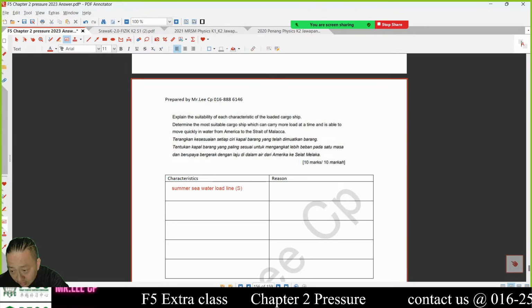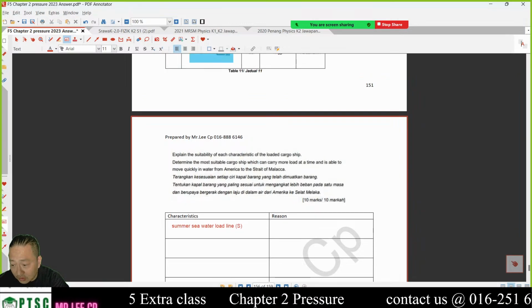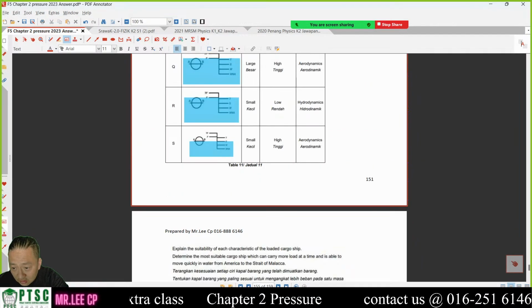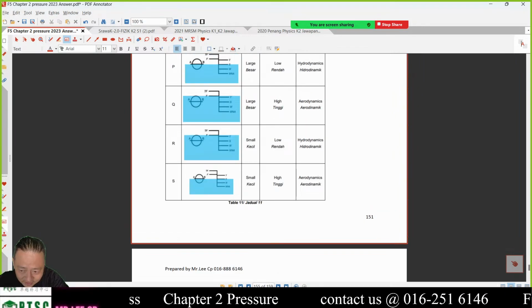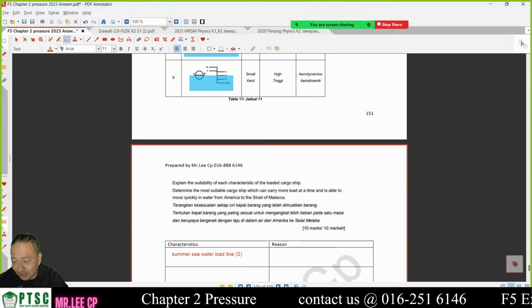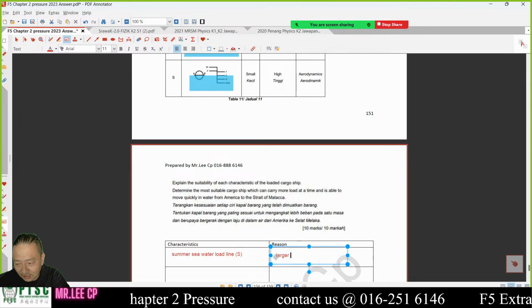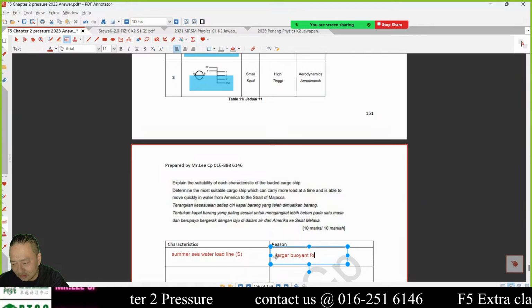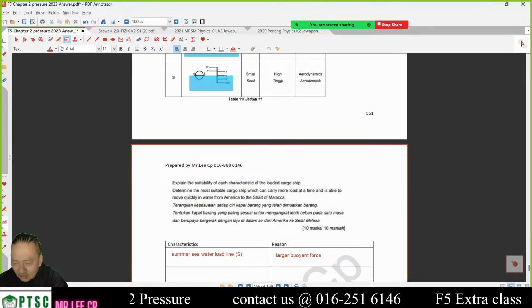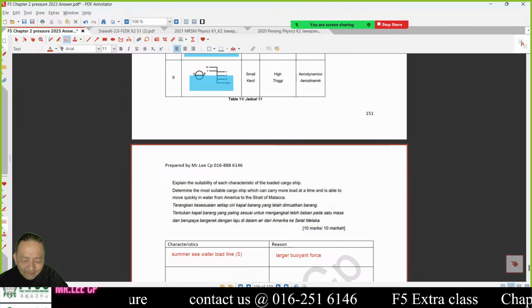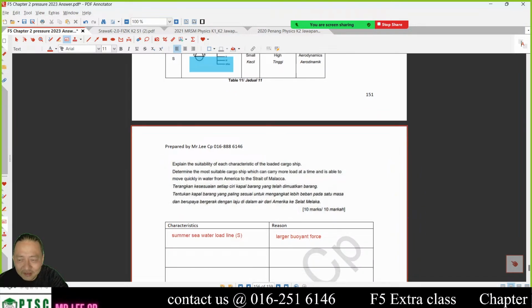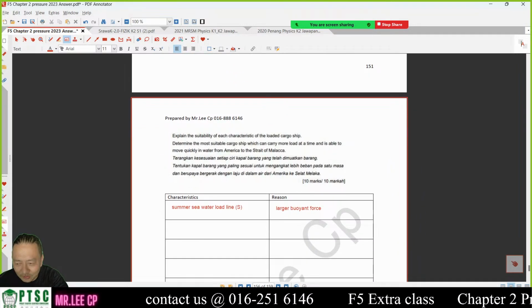Reason: so that it has a larger buoyant force, so that it can float. Many of you write only "so that it can float". I don't want that.